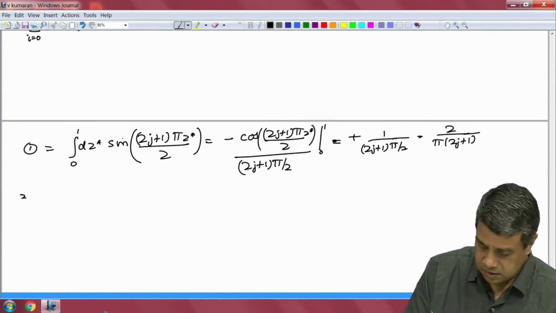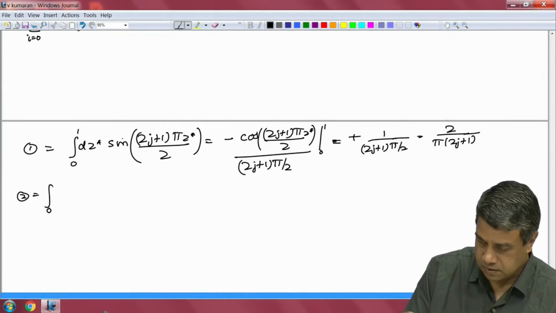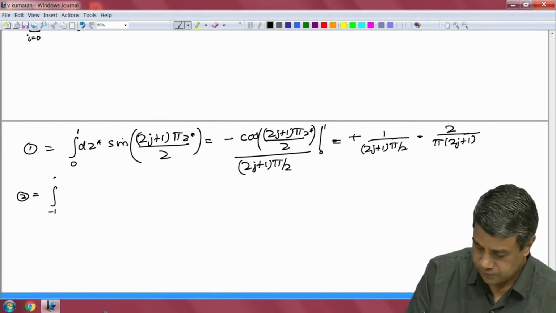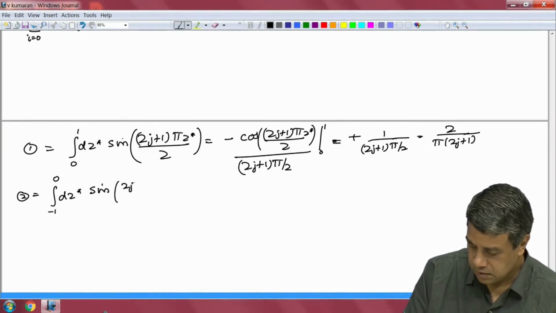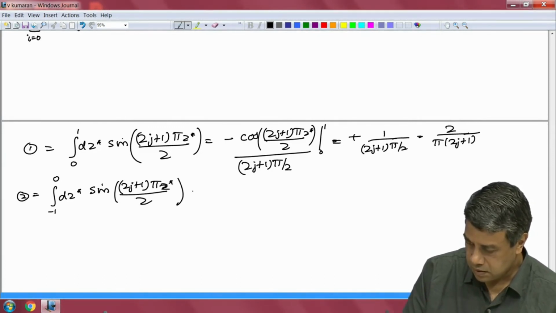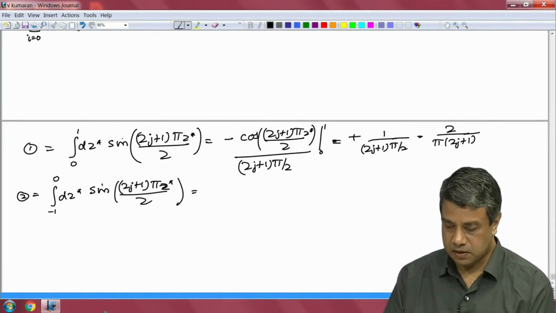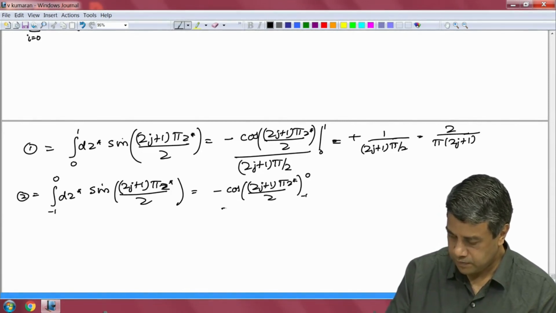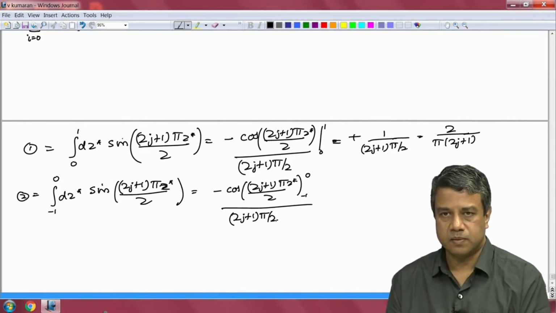The second one is equal to integral from minus 1 to 0, which is the same thing, except that it is now between minus 1 and 0.